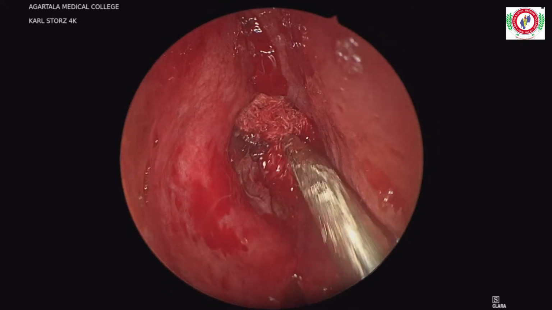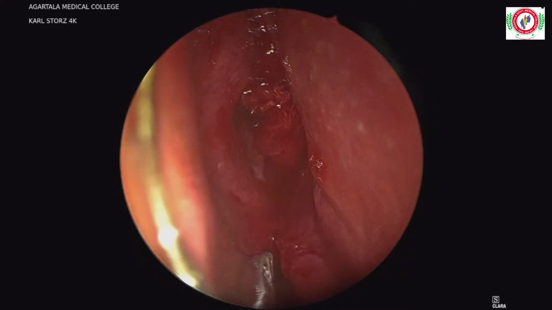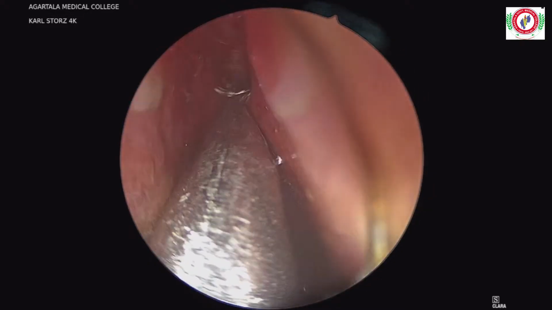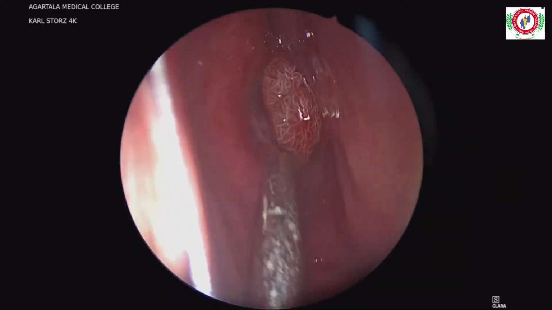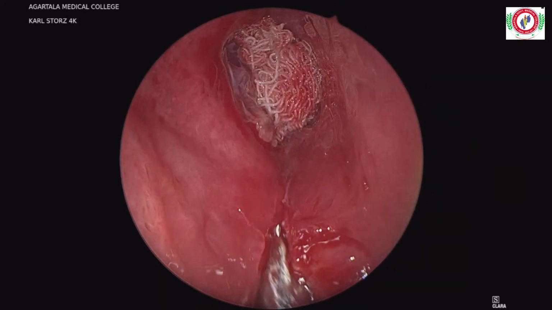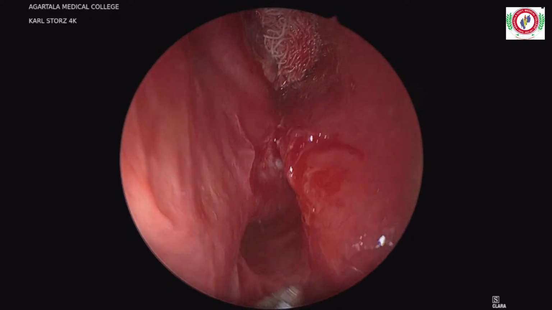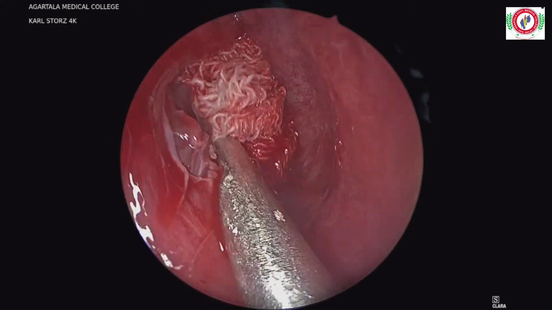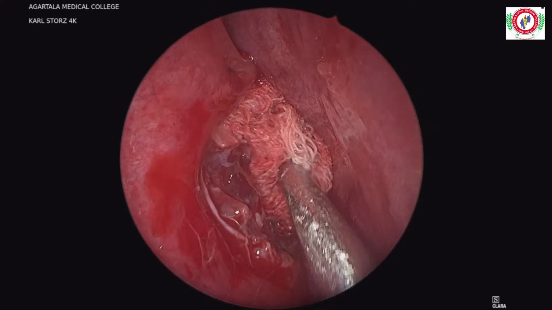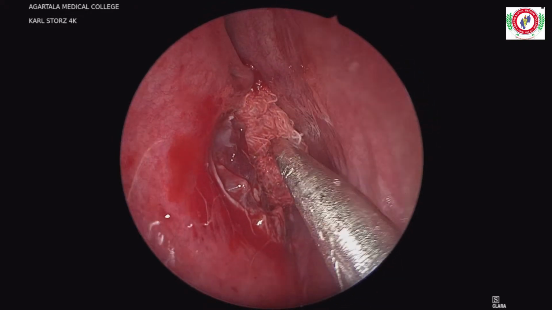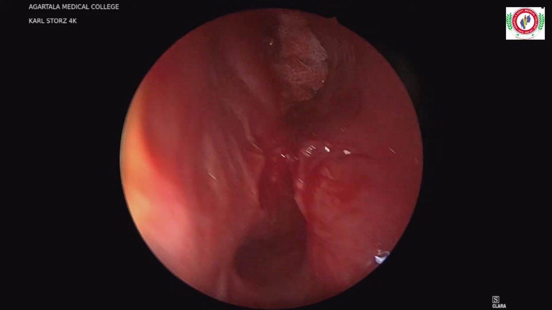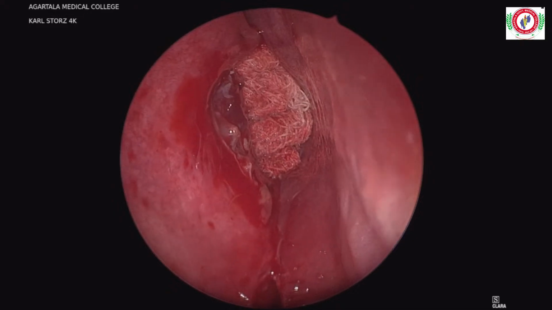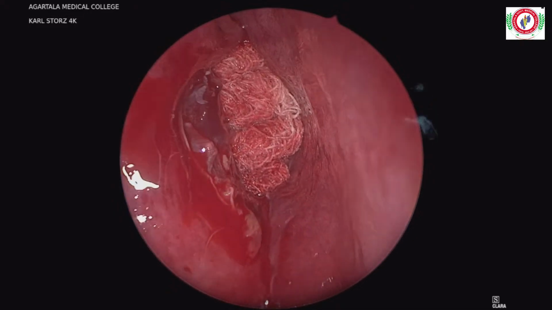So I am just telling, what's your name? Dr. Bagdatta, she is with me, and she will be giving the saline washes. Give me saline now. If I feel that I am having obstruction due to this spur, maybe I'll remove this spur and then go ahead.